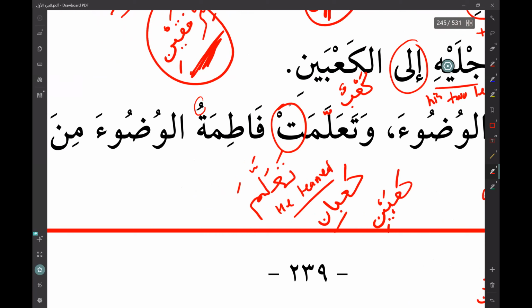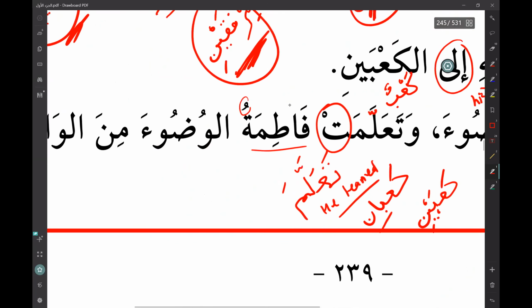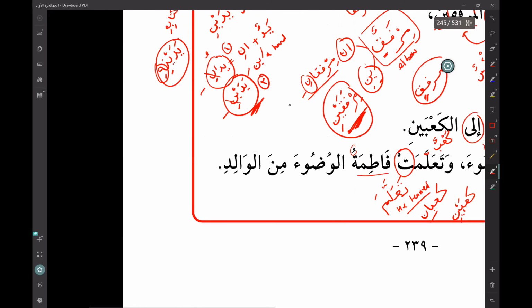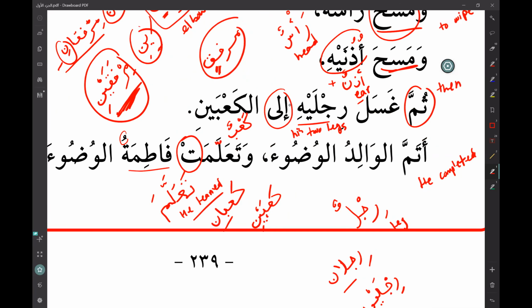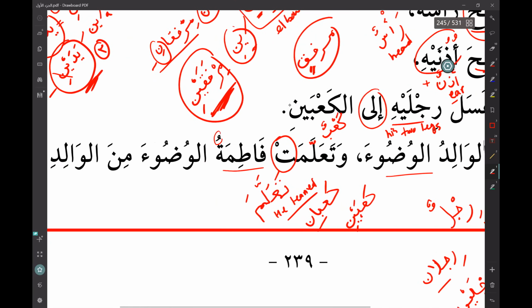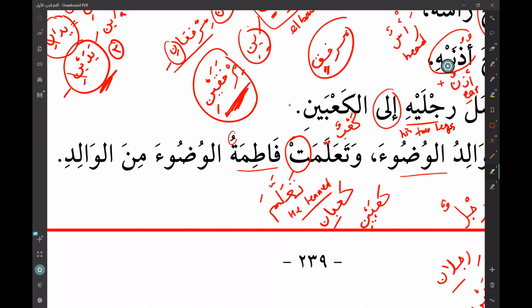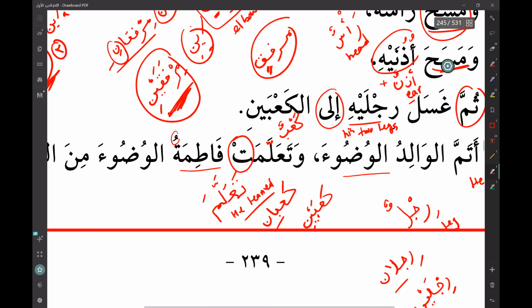So ta'allamat Fatima al-wudu'a minal walidi. So he's saying: atamma al-walidu al-wudu'a, the father completed the wudu, wa ta'allamat Fatimatu al-wudu'a minal walidi, and Fatima learned the wudu from the father. Okay, so I think we have to stop here, inshallah.